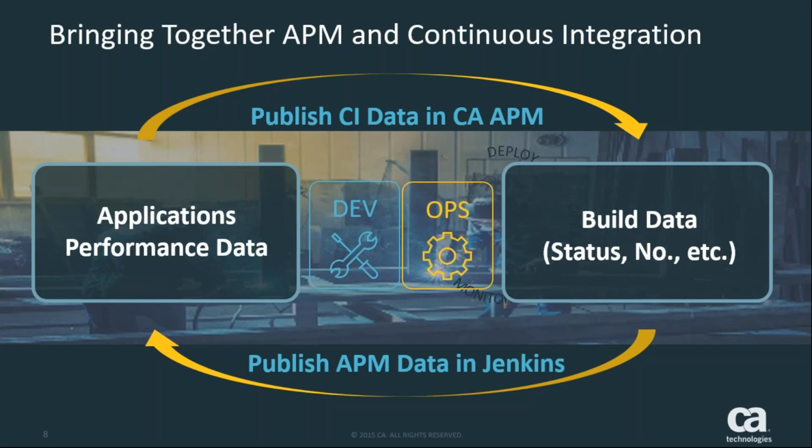Meanwhile, it takes performance data from APM and pushes it back into Jenkins, so that if you're looking at your build profile within Jenkins, you're looking at the performance and the quality of the build. Now you have that extra dimension of understanding the performance from inside the application.